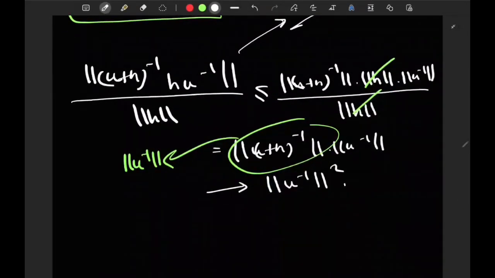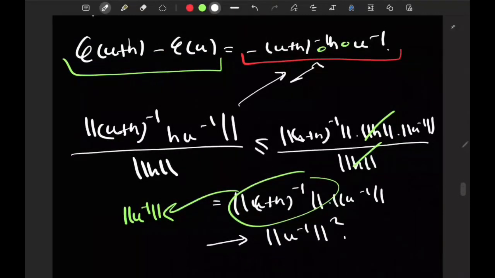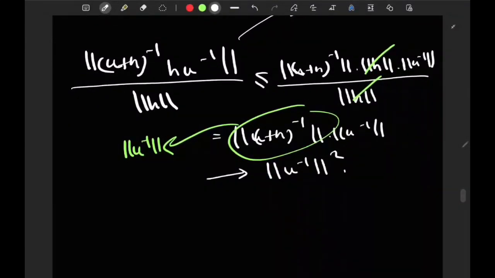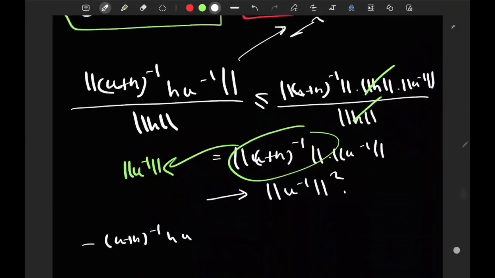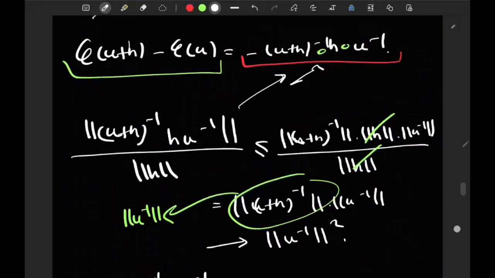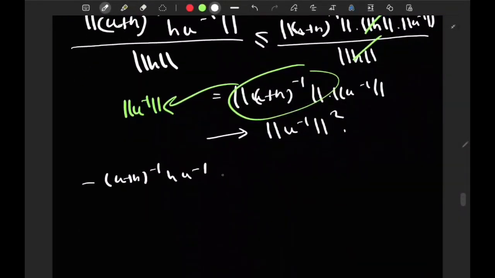But this is not useful, because I want to divide by the norm of h and get something that's going to 0. One way to think about it: I have now −(u+h)⁻¹ h u⁻¹, and I'm looking for something to subtract from this.